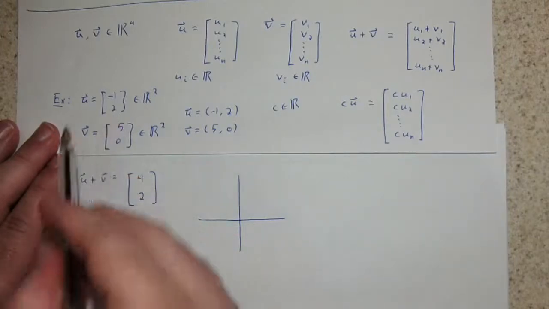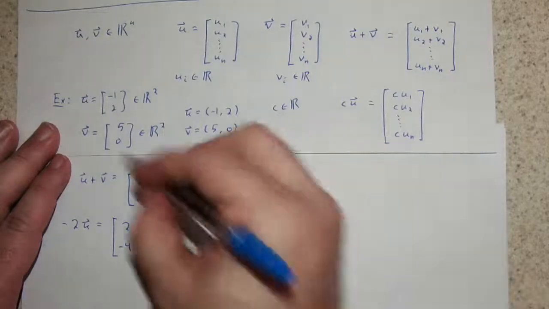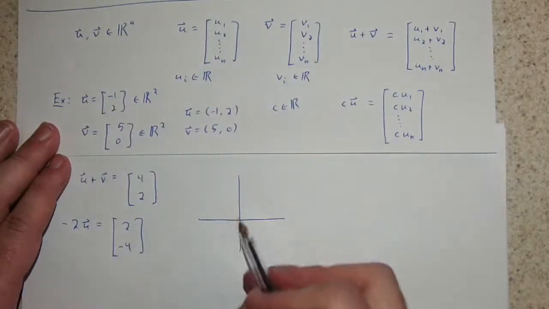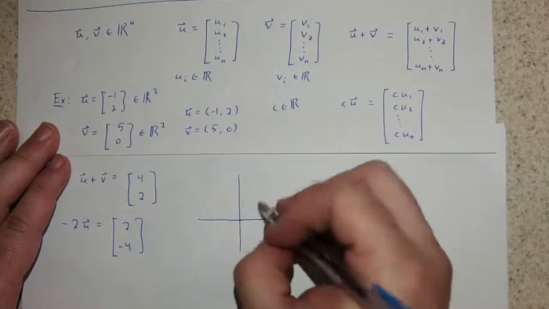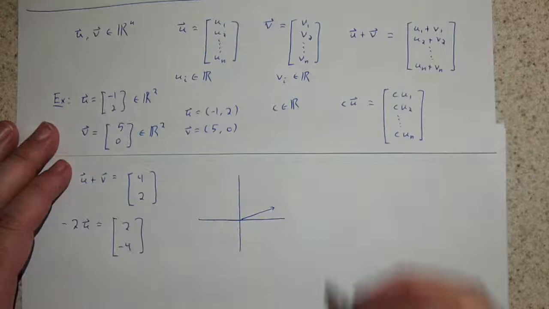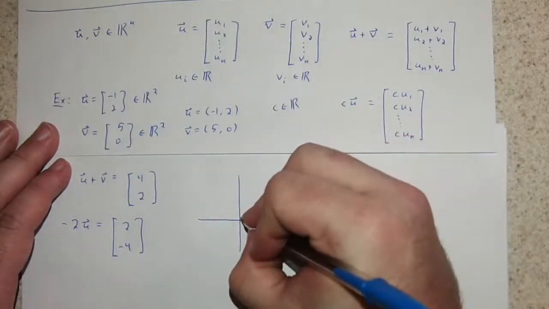So really, vectors are points and points are vectors, if you haven't seen this before in Calc 3 or something. So associated to the vector u is the point minus 1, 2, for instance, so it's an arrow pointing this way. I'm going to draw my vectors. This is not referring to these u and v, so I'm just going to call this vector u, and I'm going to draw another vector v.